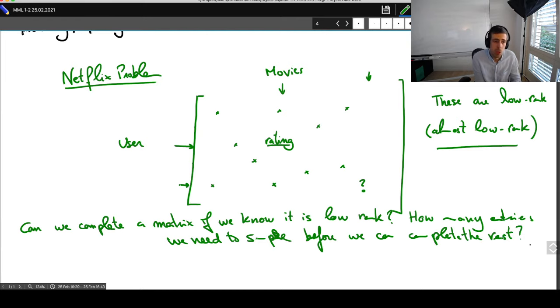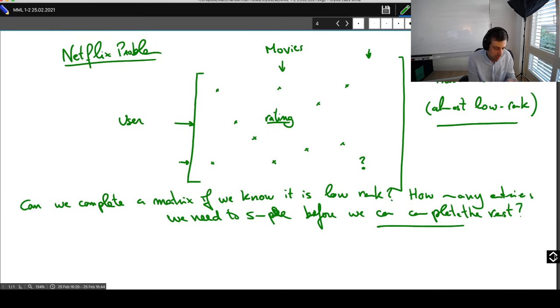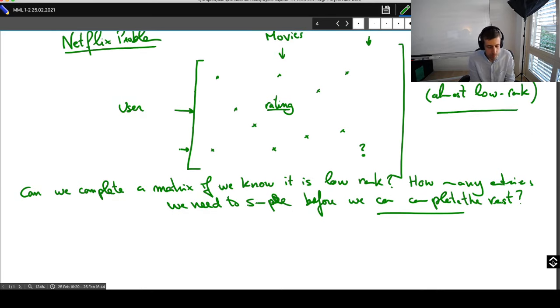Right, so clearly if I have no hypothesis whatsoever on the matrix, I need to really get the ratings of everyone. But you very quickly will realize that if I know the rank is 1, if I give you one column and I just give you an entry of the second column, you can fill in the rest of the column. Right? So recommendation systems work very much in this way.